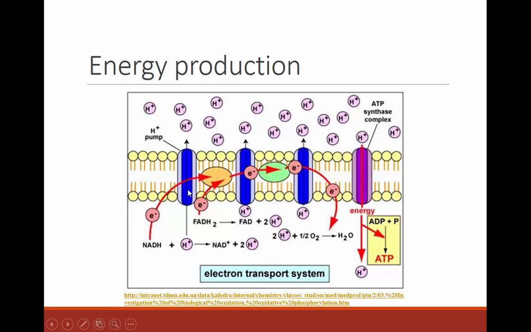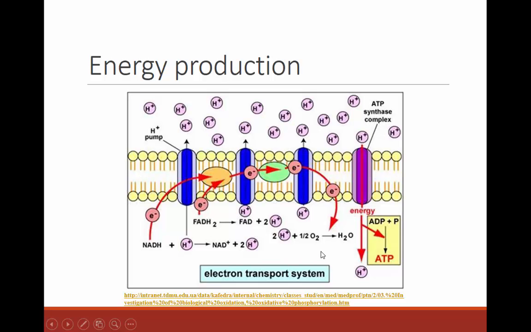Okay, and then we get this electron coming back, and the recipient is oxygen, and so when that occurs, it causes this ATP synthase complex to be activated, and the hydrogen ions or the protons come back in and cause that ADP to join with another phosphate to form ATP.